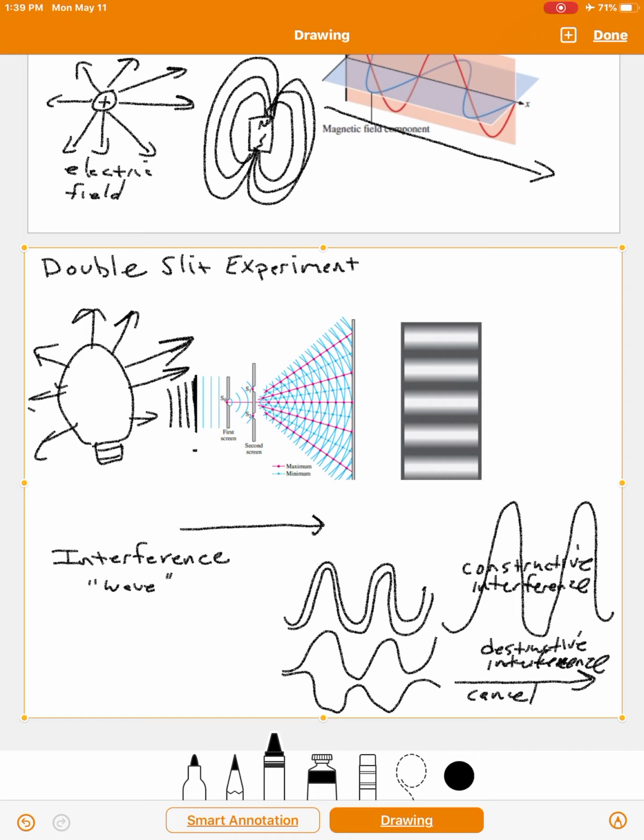So the double slit experiment, what happens here is you're going to see over here some points where it's bright. Where it's bright, that's photographic film, if you know what a photograph is. Photographic film will show bright spots where you're getting constructive interference. And you'll see dark spots where you have destructive interference.